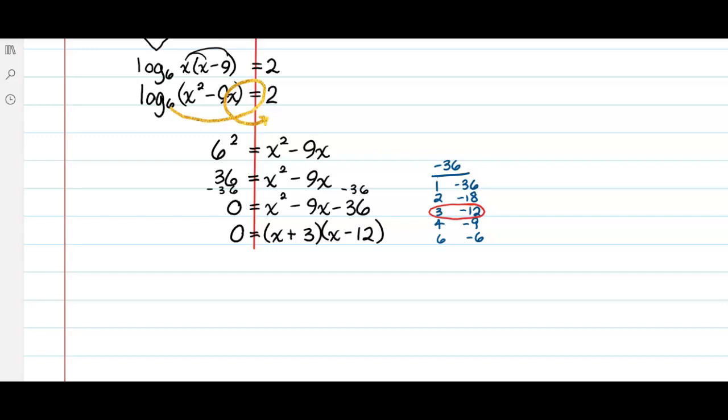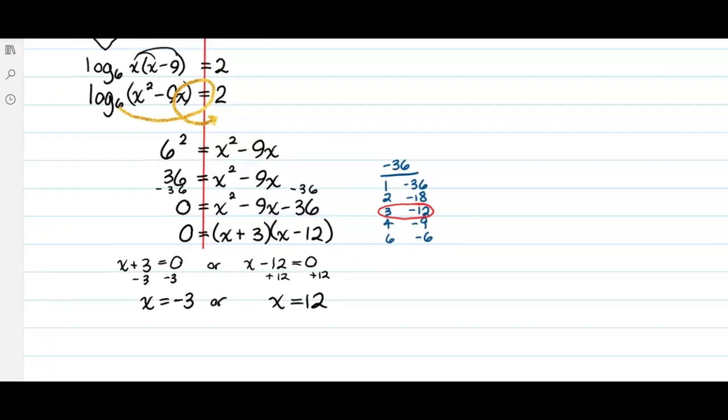When I have two factors multiplied together equal to 0, that means either x plus 3 equals 0 or x minus 12 equals 0. Solving by subtracting 3 from both sides, I get x equals -3, or adding 12 to both sides, x equals 12.